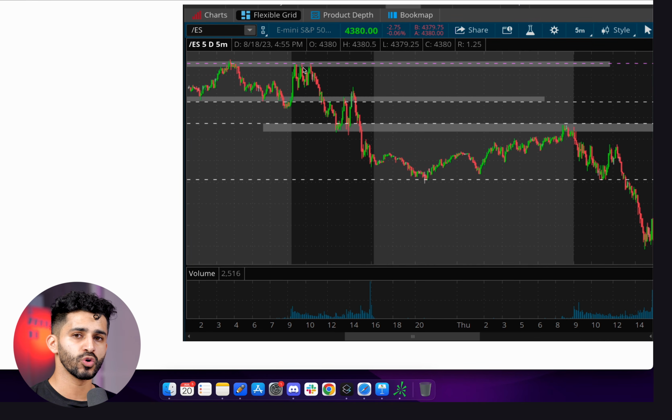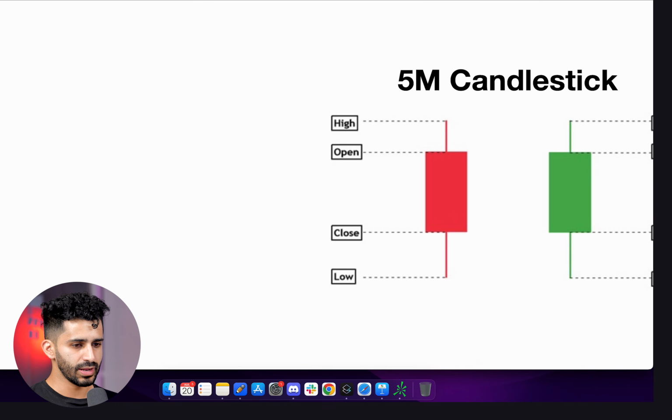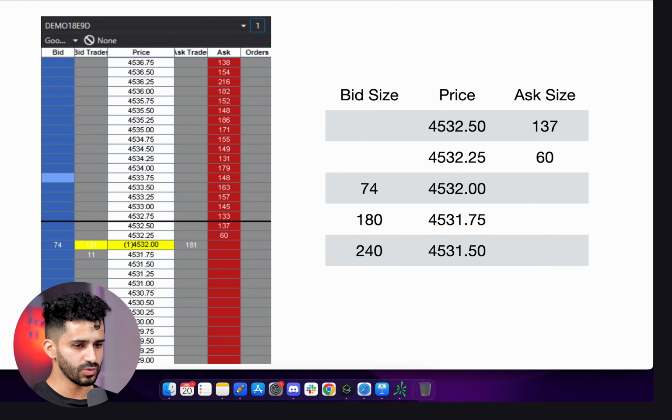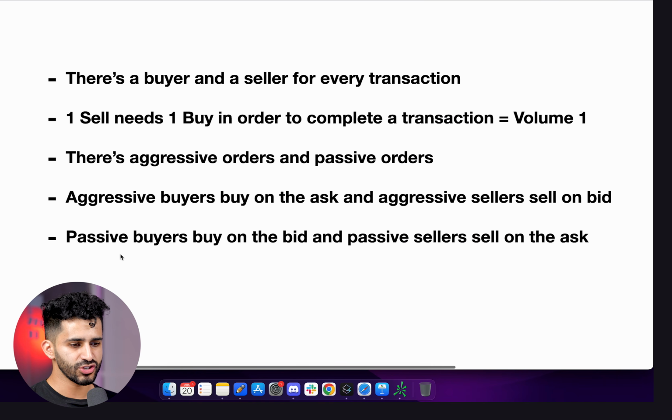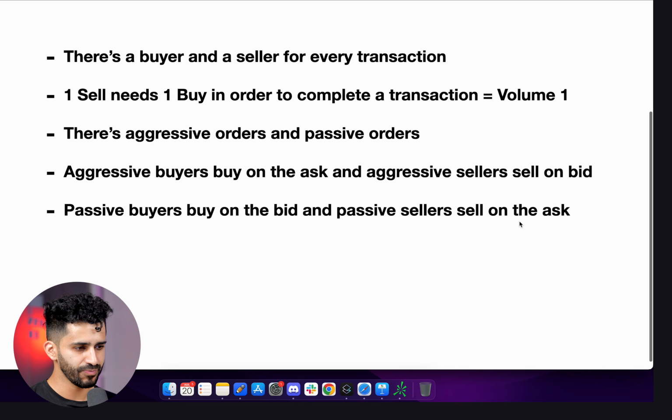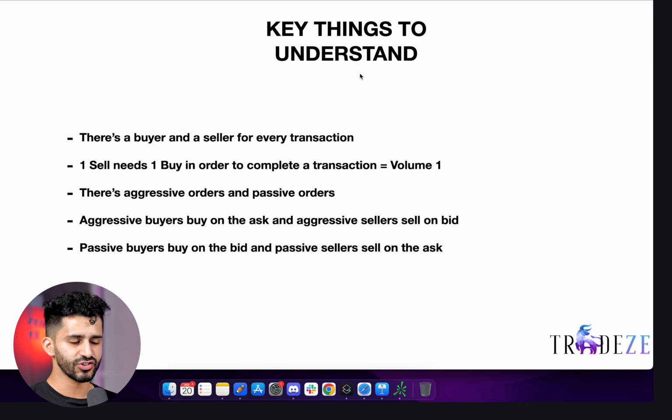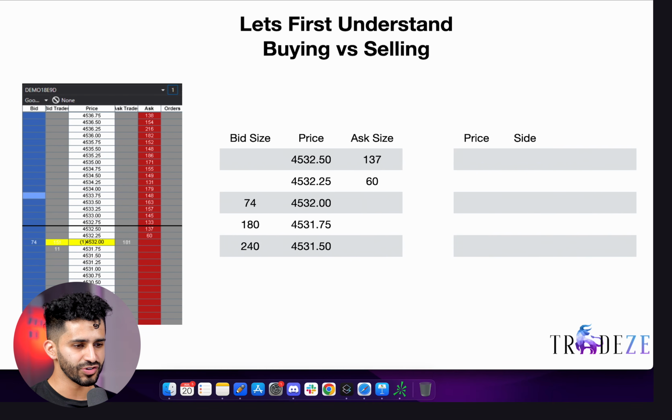And that could also be seen and that could also be read, right? Now, I just want to go through this really quick. And then, as mentioned, passive buyers buy on the bid and passive sellers sell on the ask, okay? And we'll get to that in a bit. So these are just key things I want you guys to understand before I dive into a footprint chart, okay?